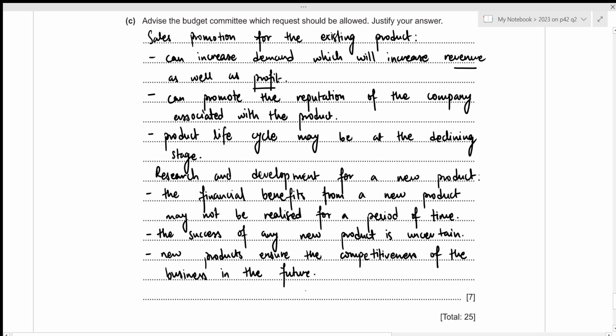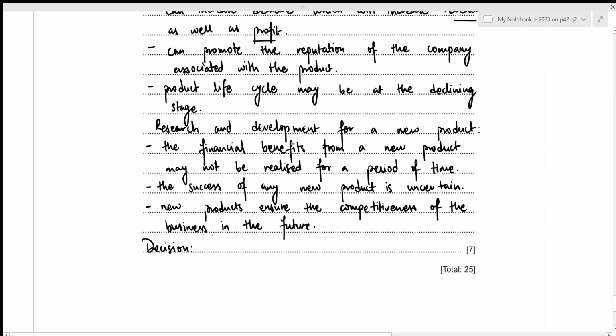Okay, now based on these factors, we need to advise the budget committee. So I'd personally advise the budget committee to allow for the request for funds for research and development for a new product, because the company should always aim for new products so that they can keep up to the customers' changing tastes. Let's write it down.